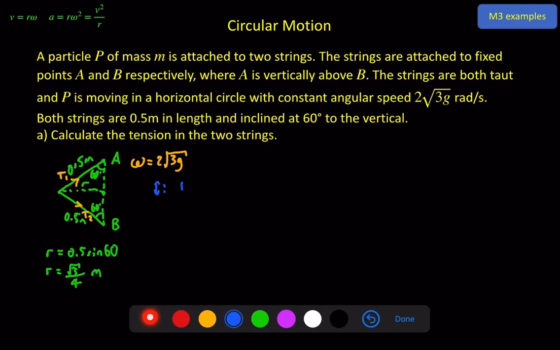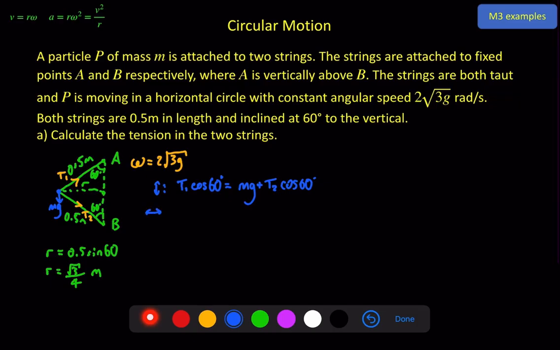That gives me T1 cosine of 60 must equal, I didn't put the weight on, mg plus T2 cosine of 60, because T1 is obviously acting up a little bit as well as in, and T2 is obviously acting down and in. So T1's component must balance the weight and T2's component vertically.